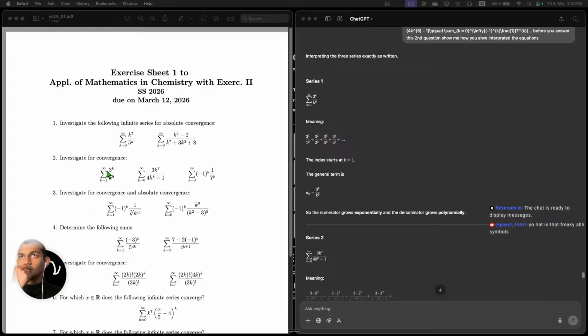So series 1, 3 raised to k with k raised to 9. What we do here again is the exponent. No, here the exponent is at the numerator, right? So I just know the first series just diverges, right? Yeah. So it's just diverging. So next one, 3 raised to k.